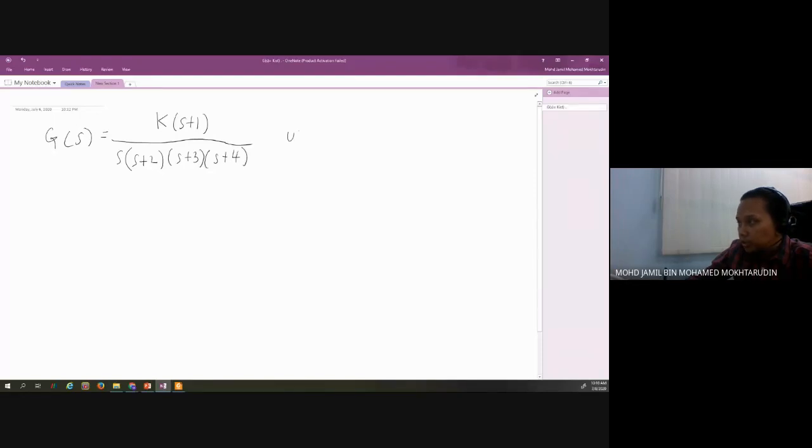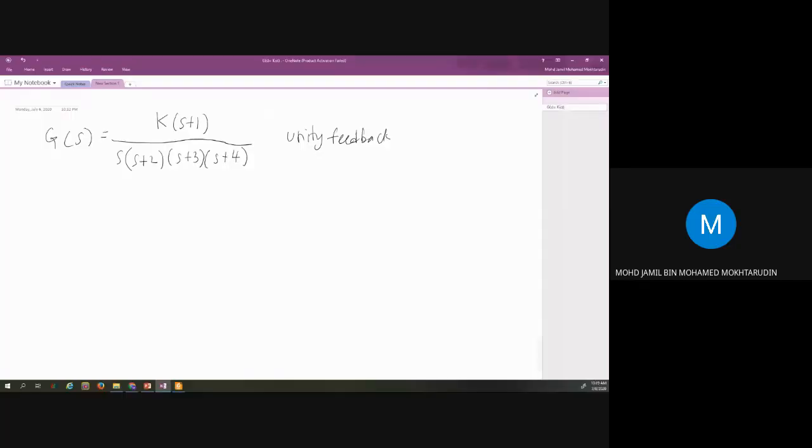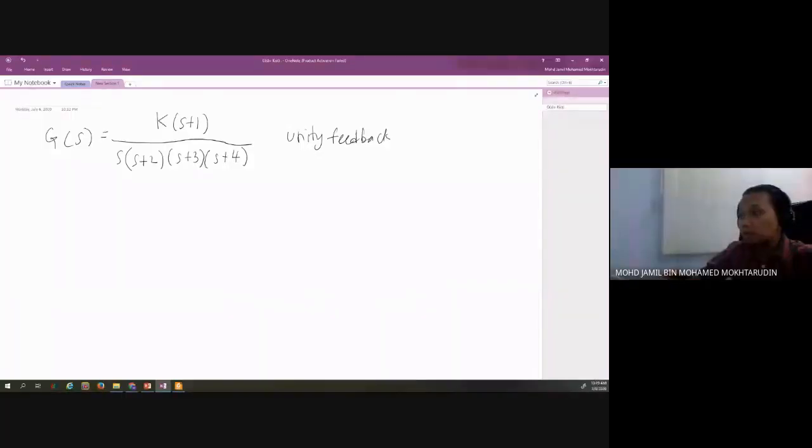Okay, so this is unity feedback. So unity feedback means that you don't have to simplify in order to determine the zeros and poles. So you can straight away determine poles and zeros from G(s).